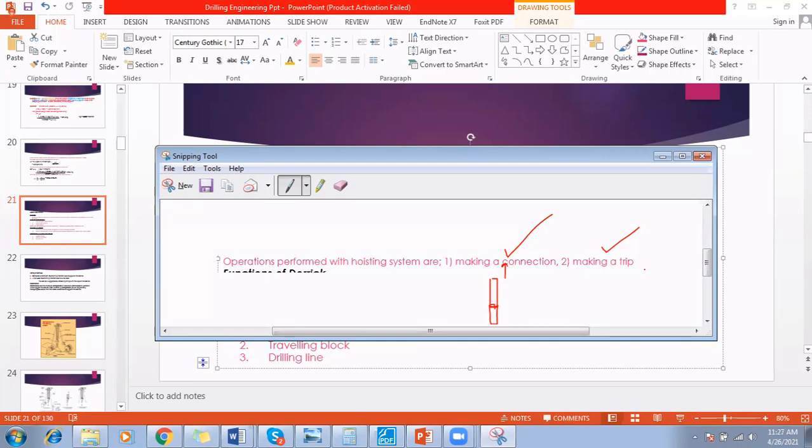And if you have stopped the fluid circulation so that you may replace the bit, or you want to add a drill collar, then that activity will be called making a trip. So you need to differentiate both these terms, and you should have an idea of what the conditions of the borehole are when this process exactly happens.